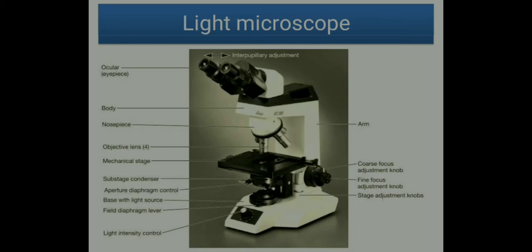We have here four objective lenses, nose piece, body of our microscope, ocular lenses, that is our eyepiece. On the right hand side we have the arm, coarse focus adjustment knob, fine focus adjustment knob, and stage adjustment knob.